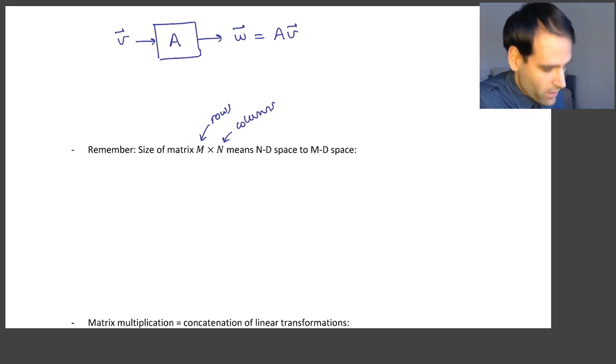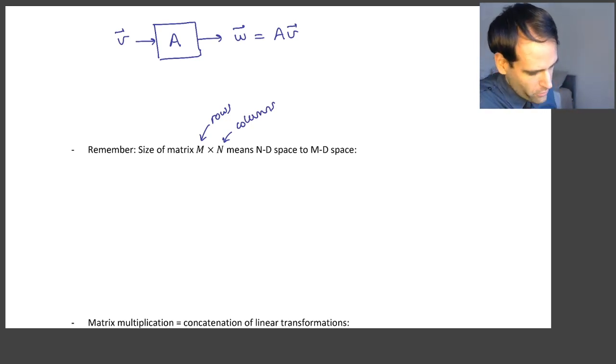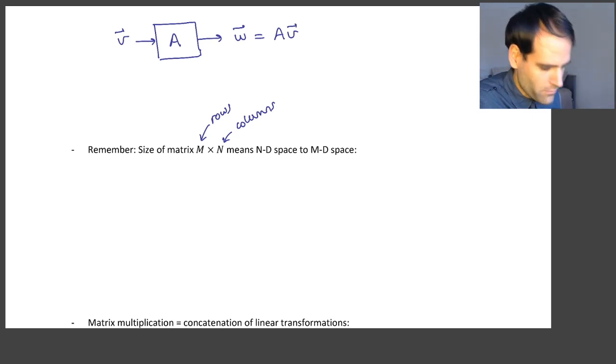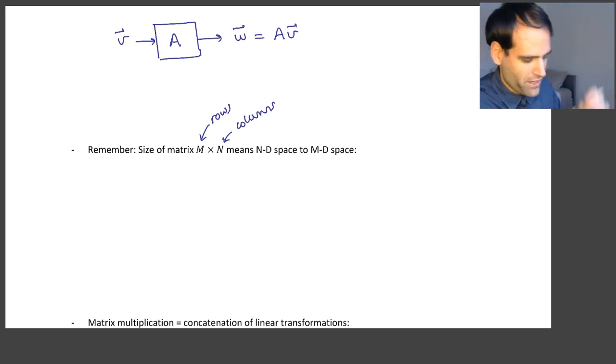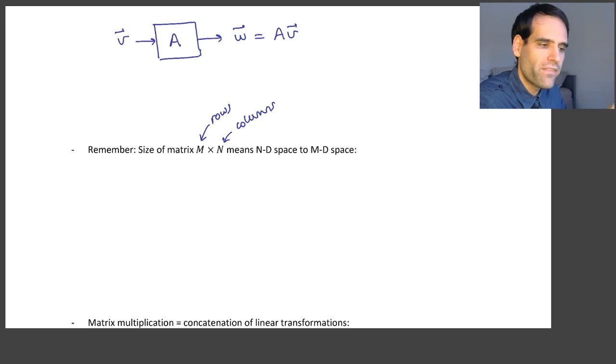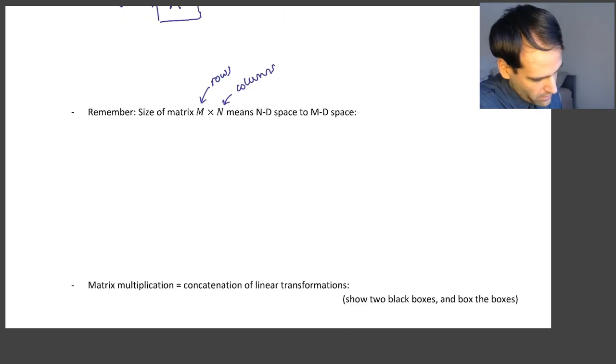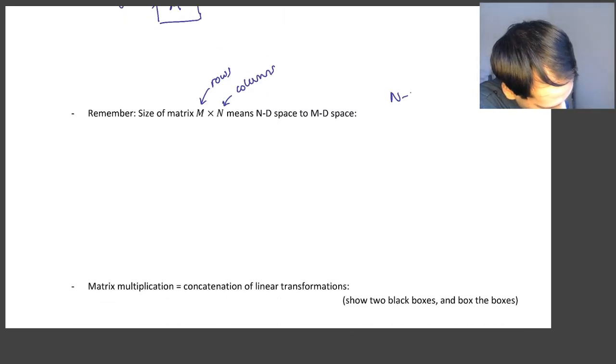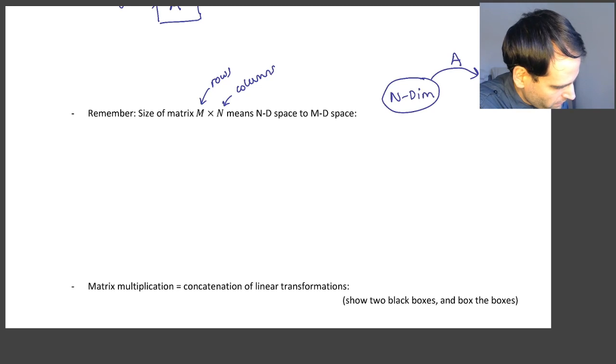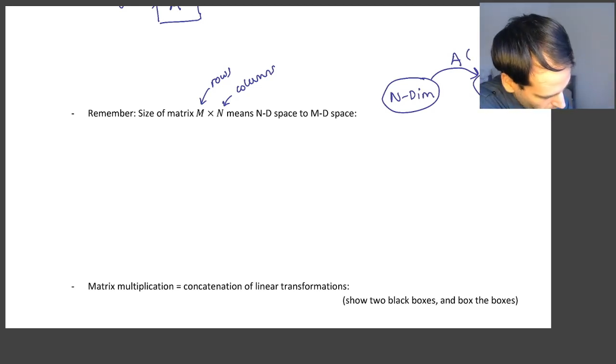So when a matrix has m rows and n columns, this means that this matrix is converting an n-dimensional vector into an m-dimensional vector. So an n-dimensional vector is being converted by matrix A into an m-dimensional vector, when matrix A is m times n.